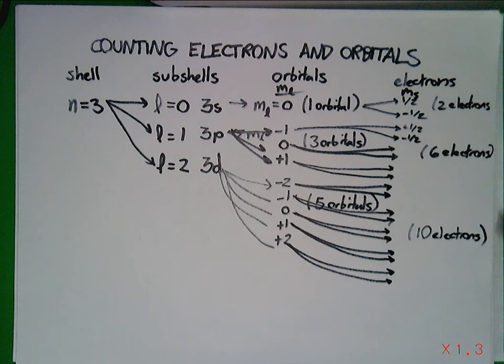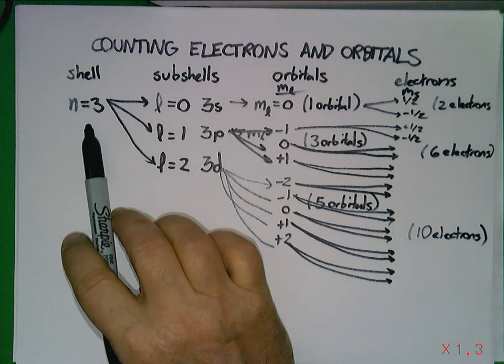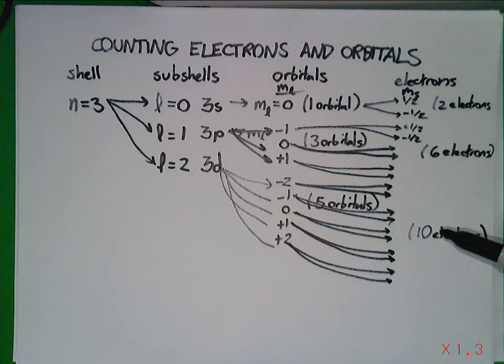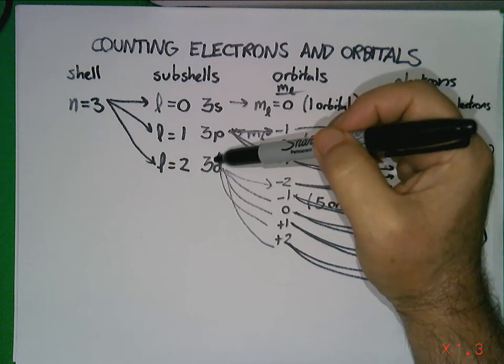So how many electrons altogether can you have in the third shell? 2 plus 6 is 8, plus 10 is 18. You can have 18 electrons altogether in the third shell. 18 electrons in 9 orbitals in 3 subshells.